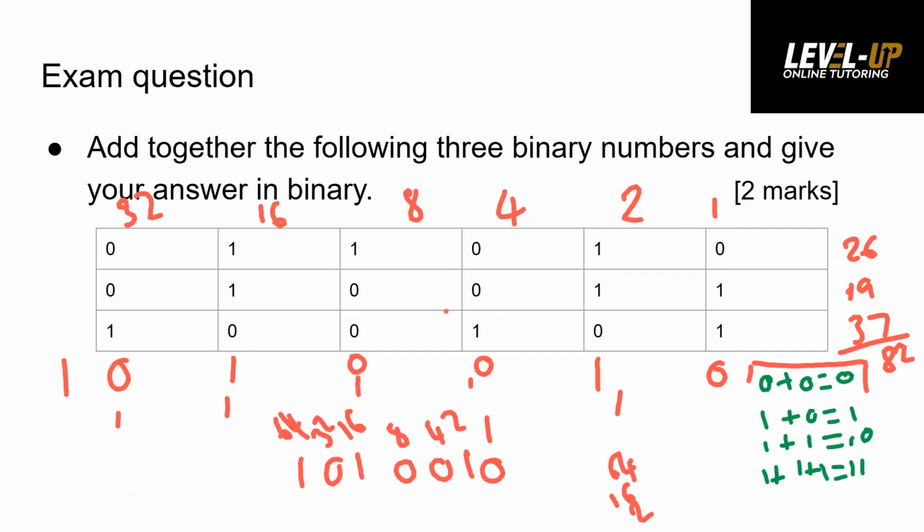Okay, so typically where you get your marks are, they will normally check you have the first 4 bits correct, that would be your first mark, and then the remaining bits would be your second mark. That's how you maximise your marks on this question.